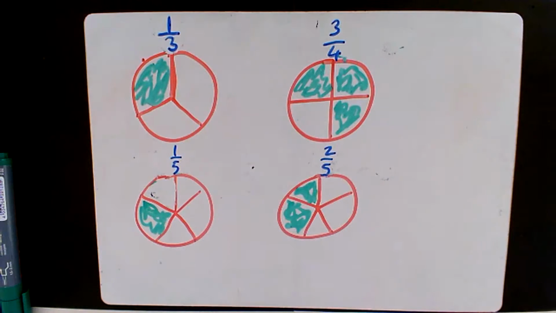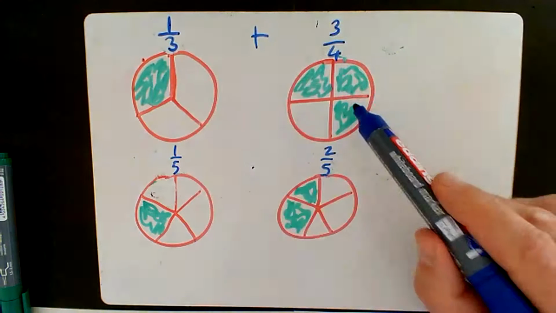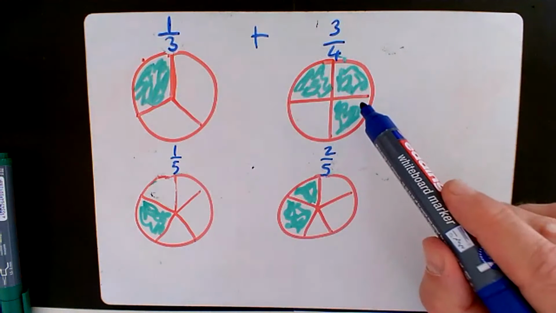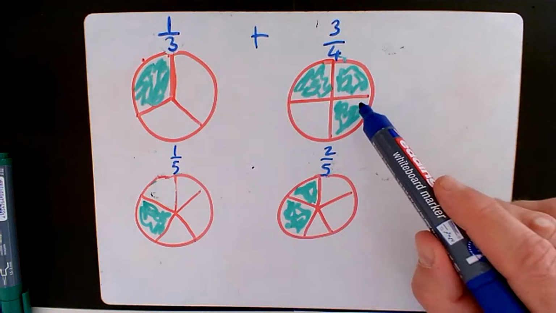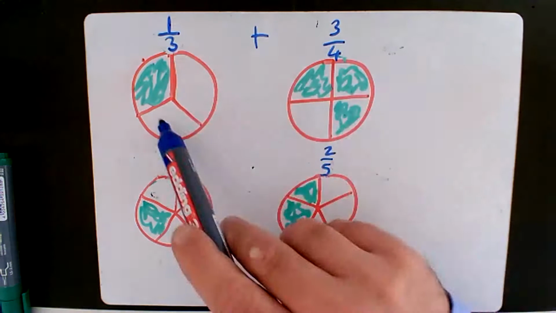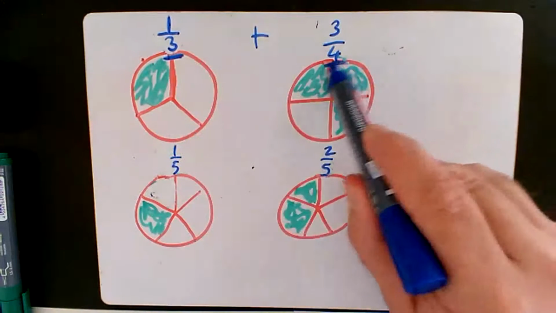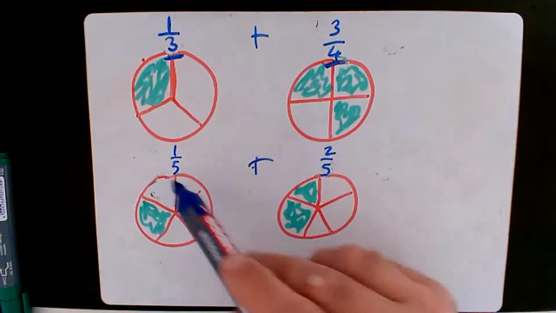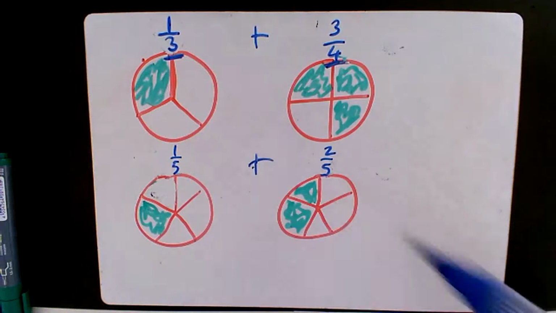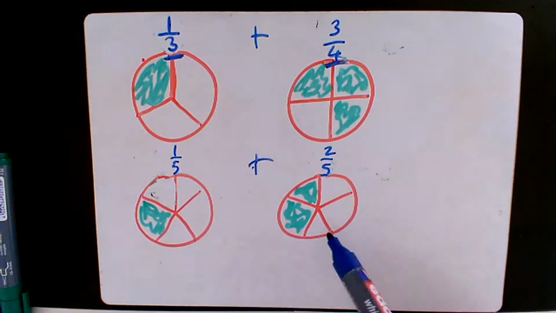Now, when we add these up, adding 1/3 and 3/4 is quite tricky. We will be learning how to do that today. It is quite tricky because they're split into different amounts, in other words, the denominators are different. Now this question down here, 1/5 plus 2/5, is really easy because they are split into the same amount.